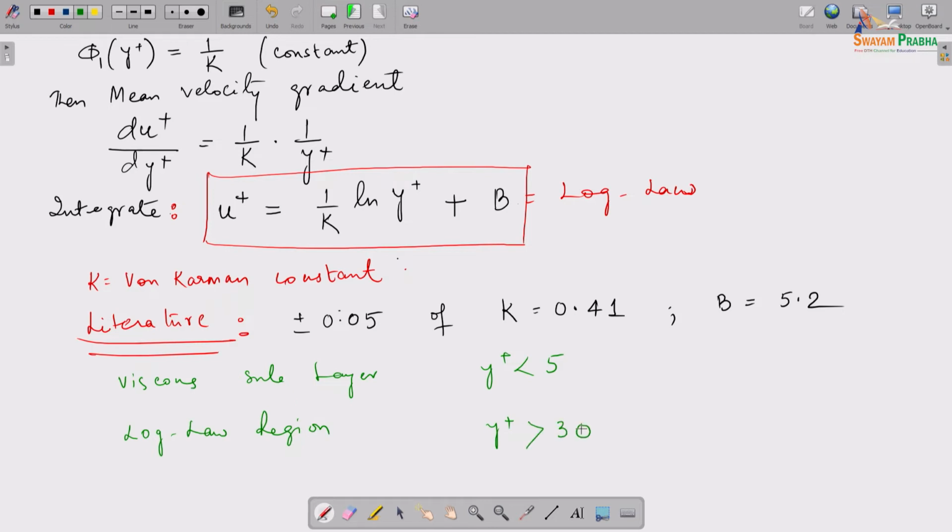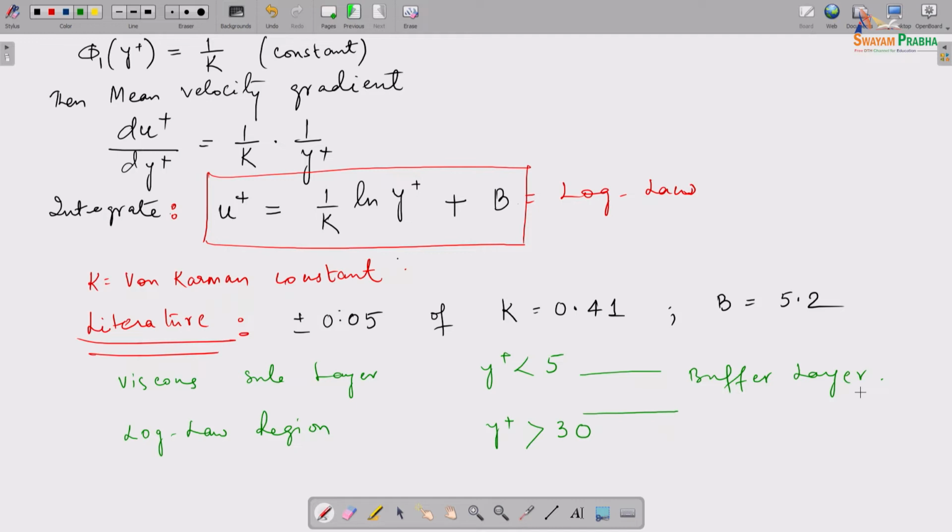Between these is a buffer layer, which is the transition between viscosity dominated and turbulence dominated.